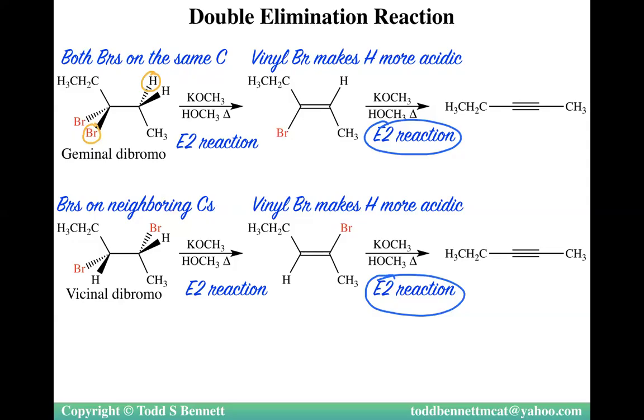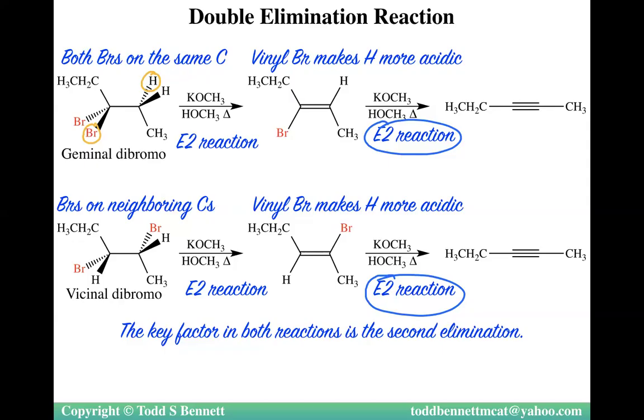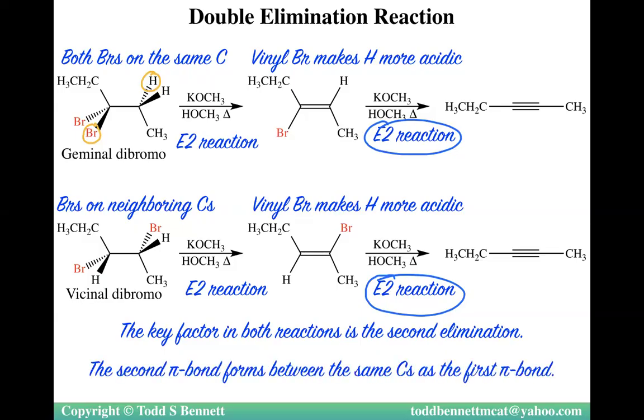They're not exactly what we get with an E2, because the orbital alignment is a little different than what we normally look at, but it's close enough to E2 that we're going to say the same conditions and the same end result. Both reactions, the second elimination is a little bit harder to get, but it can be done with strong enough conditions. And luckily, it ends up forming almost exclusively between the same carbons.